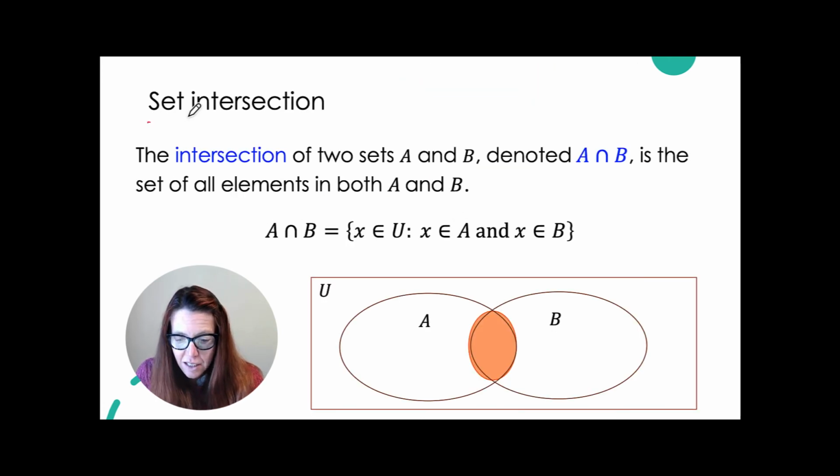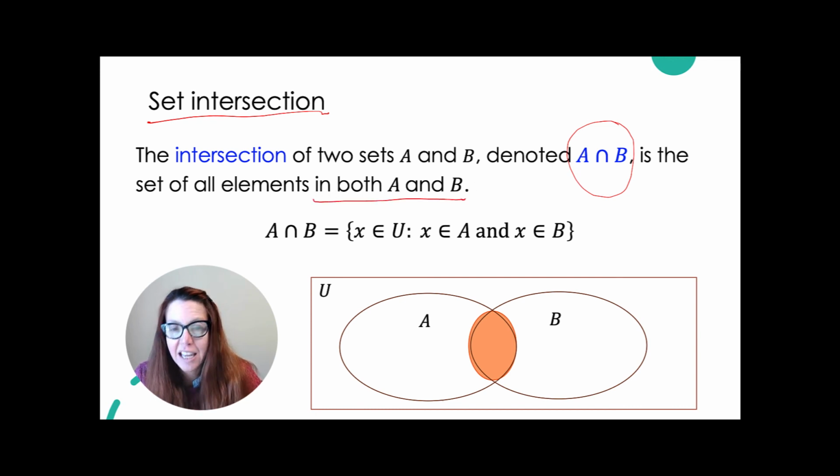The next concept that we want to look at in terms of set building is the intersection. We can build a new set by looking at the intersection of two sets A and B. We denote this as A cap B, which we say "A intersect B". It's the set of all elements in both A and B, right? So formally, we say it's all x in our universe such that x is in A and x is in B. It's in both.